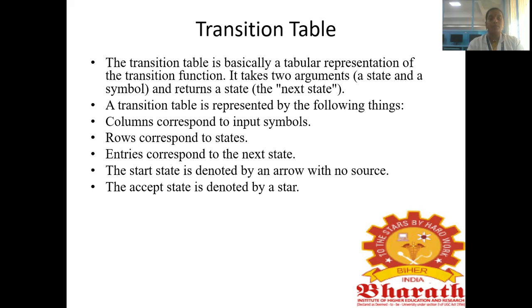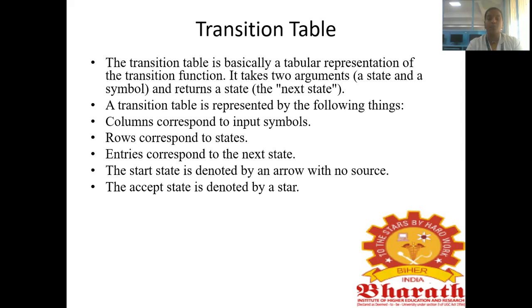Next point, the start state is denoted by an arrow. Final or accepting states are denoted by a star. So the starting state is represented by the arrow, and the final or accepting state is represented by the star symbol.